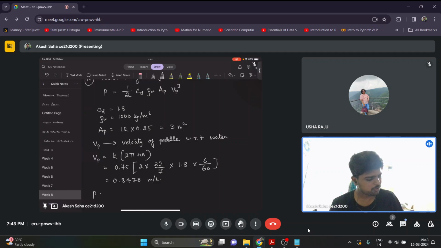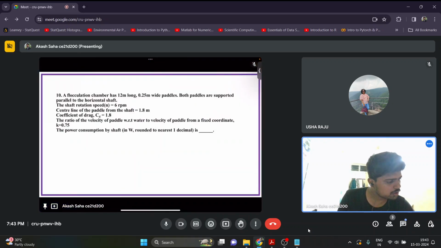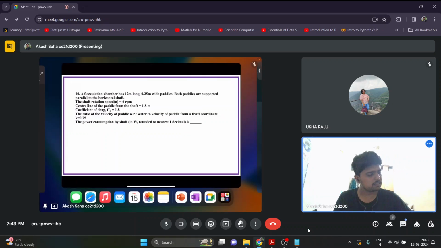So my P value will be half into 1.8 into 1000 into, and now how many paddles are given? Okay, so basically there are two paddles.